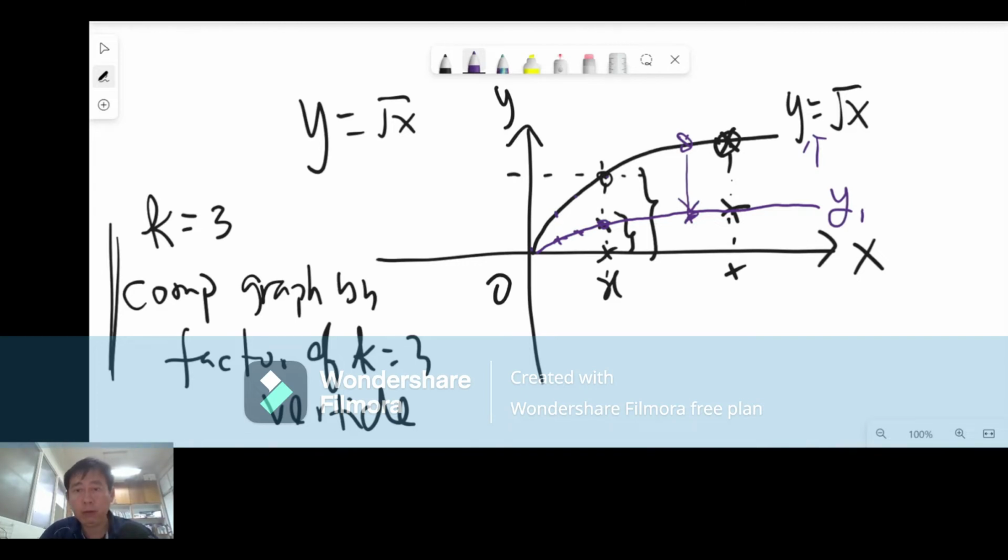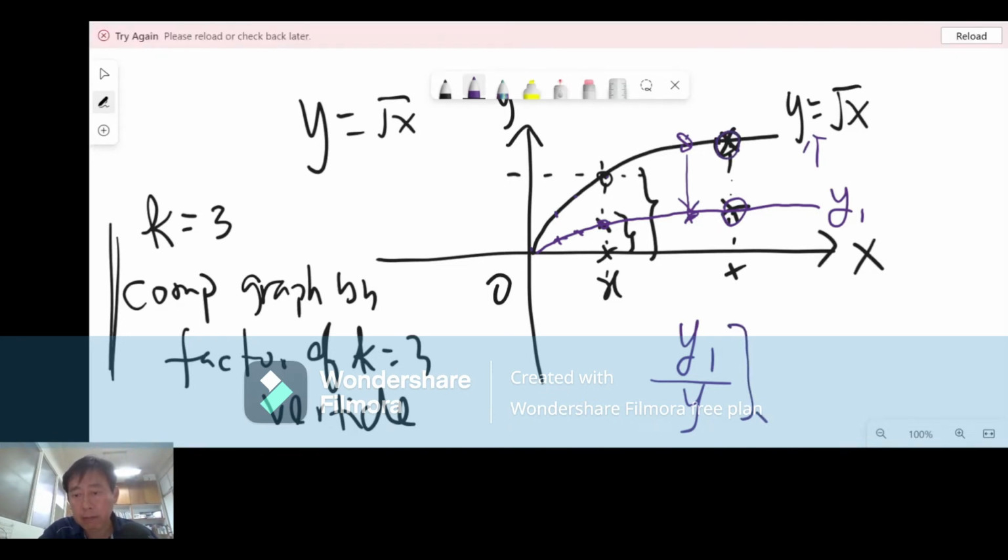The function y1 here, if you compare the values of y1 to the original values of y at the common values of x, no matter what values of x, as long as you compare the values of y to y1, the ratio at the fixed values of x is equal to k equals 3.